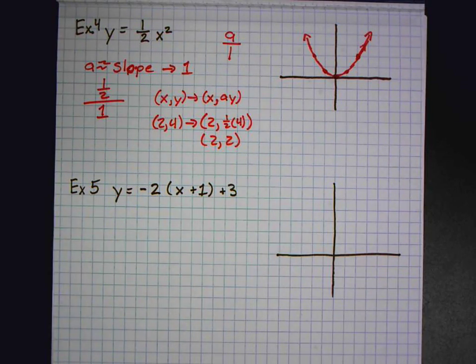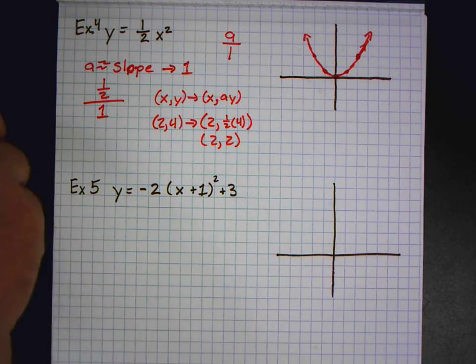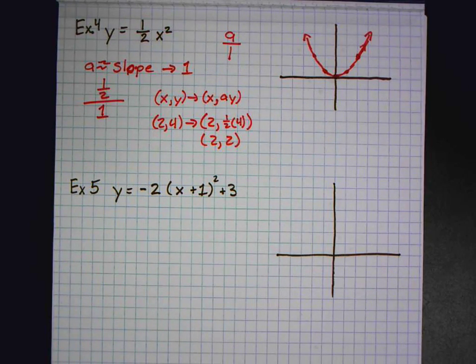So I'm going to make a big mess of my graph. The reason for the steps is to show you order. Order of operations apply to transformations. We don't always have to follow that if we understand our transformations, but order of operations actually do apply to them.